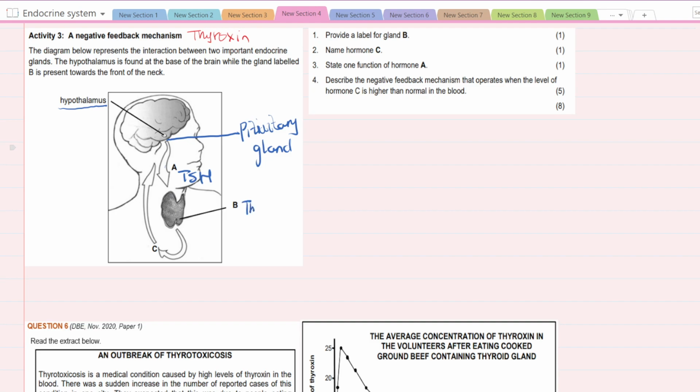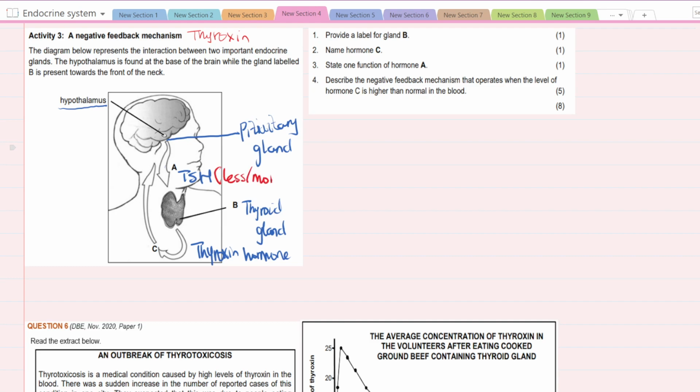So this will be your thyroid gland, and lastly your thyroid gland will be stimulated to secrete thyroxine hormone. So this will be your thyroxine hormone.